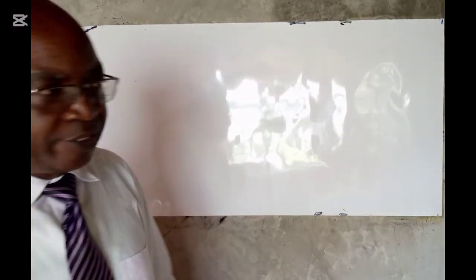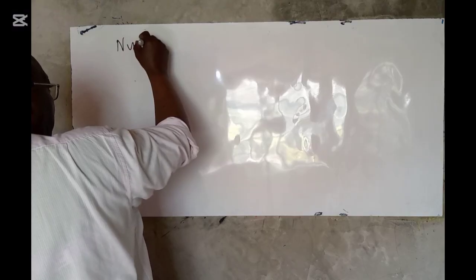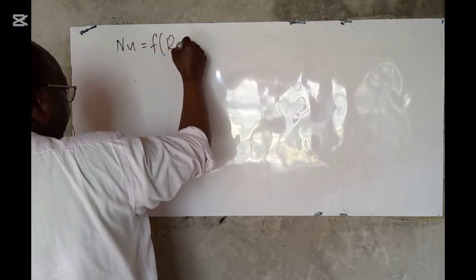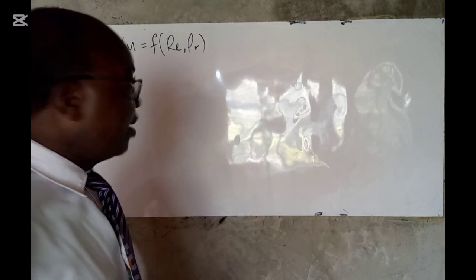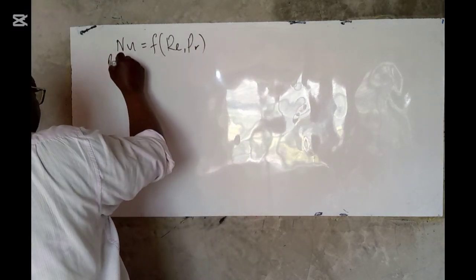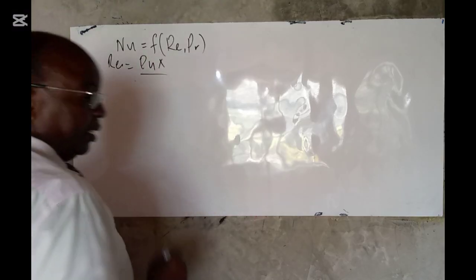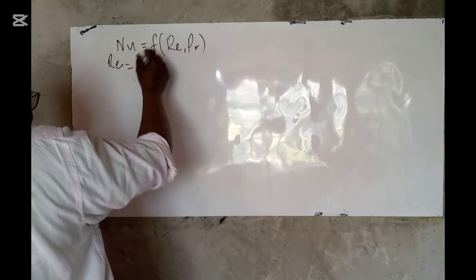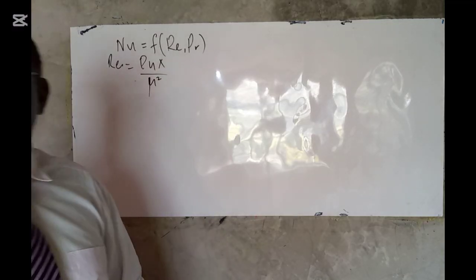If you recall correctly, we had said that the Nusselt number was a function of the Reynolds number and the Prandtl number. Always remember that. And we had said that the Reynolds number was related to density, fluid velocity, displacement, and dynamic viscosity.